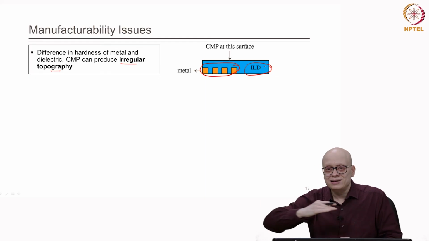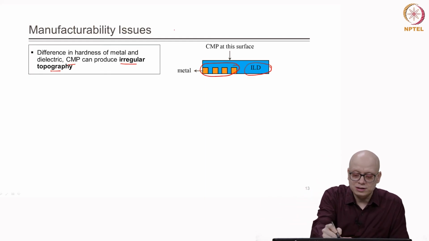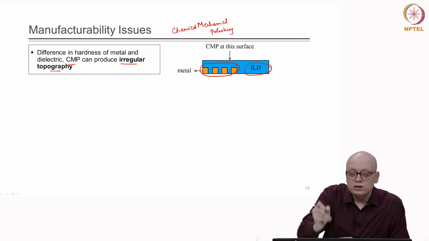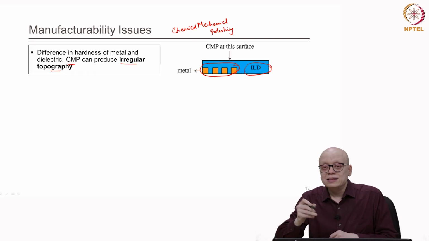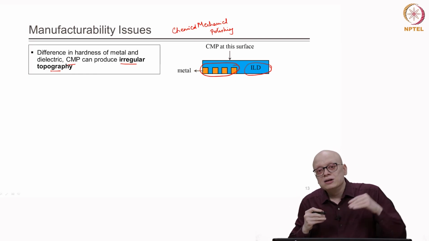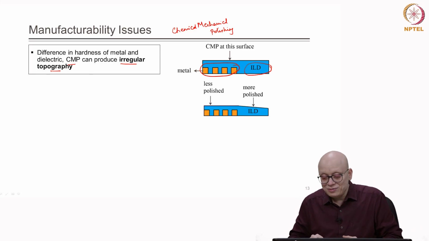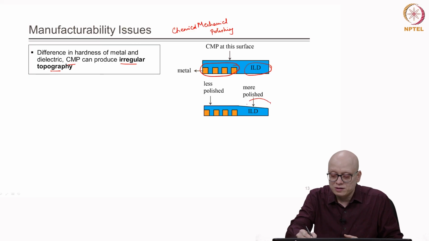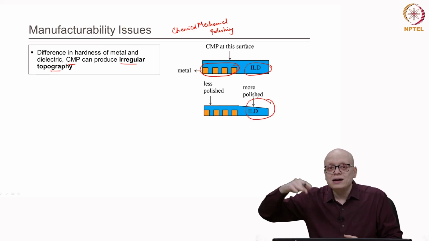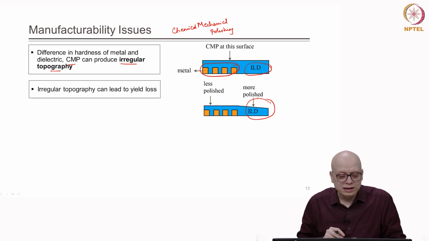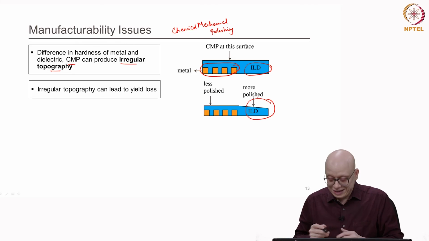Now, when we planarize it using chemical mechanical polishing, CMP, SiO2 being a softer material, more polishing will be done in that area, and we will have an uneven topography, right. Now, irregular topography can lead to yield loss.